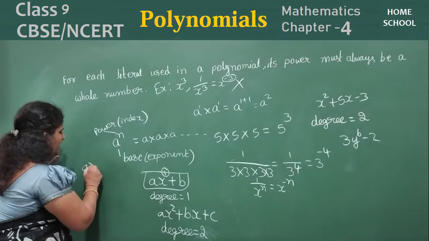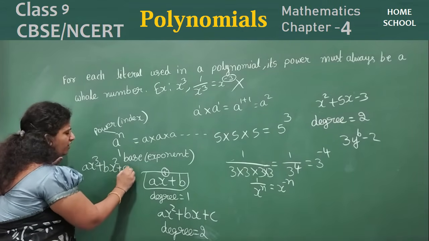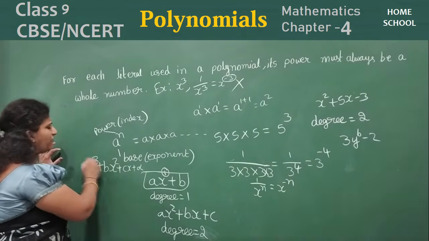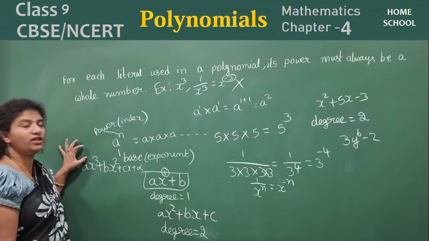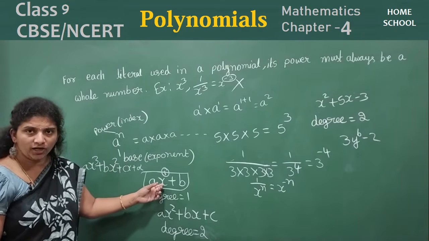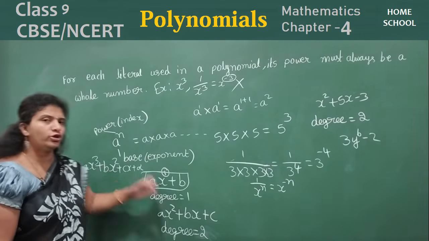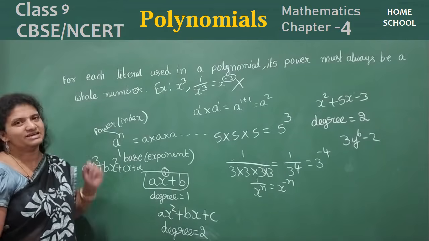Suppose the degree is 3, so look here, what is the degree here? The highest power is 3, then we call this a cubic polynomial. Linear polynomial degree 1, quadratic polynomial degree 2, cubic polynomial degree 3.